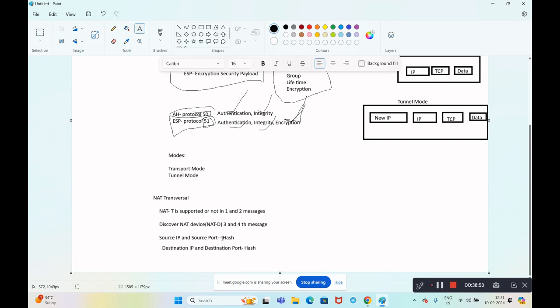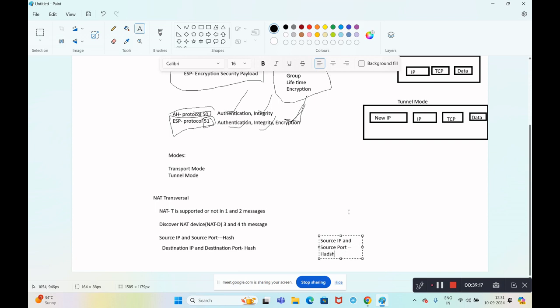Source IP and source port will become one hash value, and the destination IP and destination port will become one hash value. In the same way, in site 2 also there will be a source IP and source port, right?